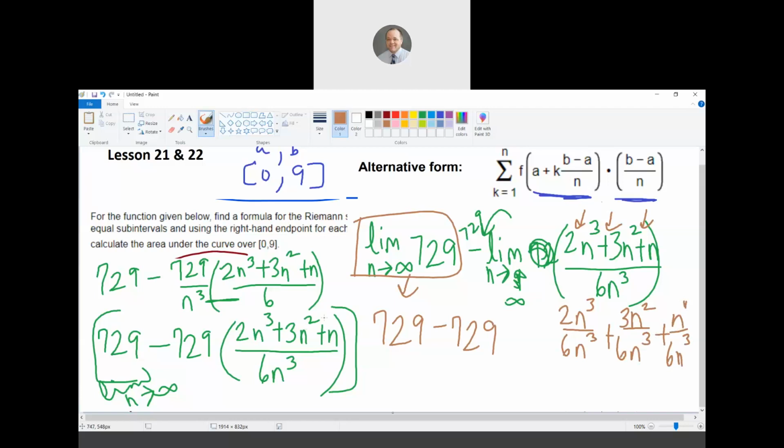And the first fraction reduces to 1/3, plus 1 over 2n, plus 1 over 6n squared.